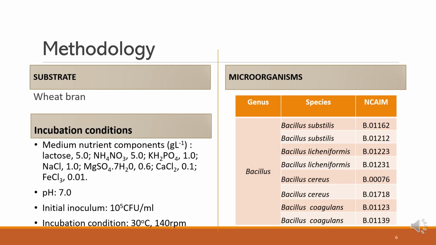In this research, wheat bran is used as the substrate for the biological pretreatment, and the basal medium was prepared with nutrient components such as lactose and mineral compounds. The pH of the medium was adjusted to 7 using sodium hydroxide before autoclaving, and the initial inoculum is 10⁵ cells per milliliter, and the incubation occurs under 140 rpm agitation at 30 degrees Celsius.